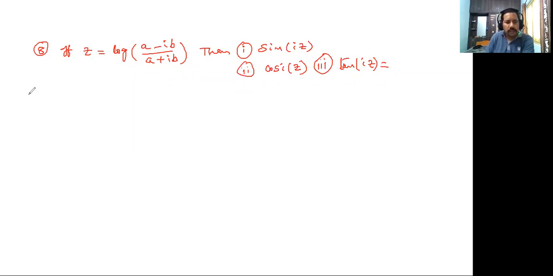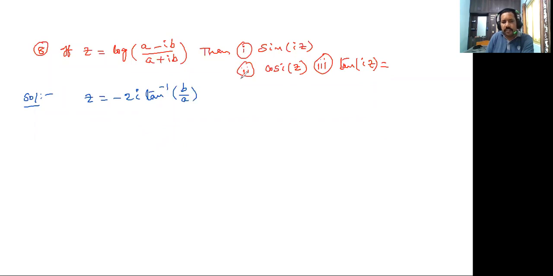Now, here z is equal to logarithm of (a minus ib) divided by (a plus ib). What is the formula? That is minus 2i tan inverse of b by a. This is the formula.